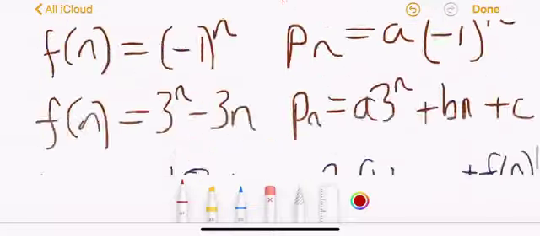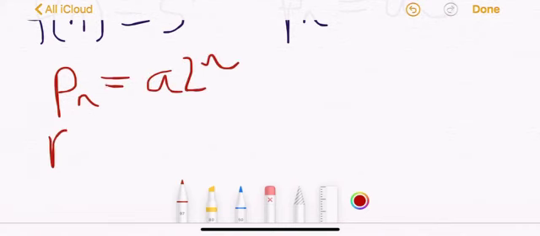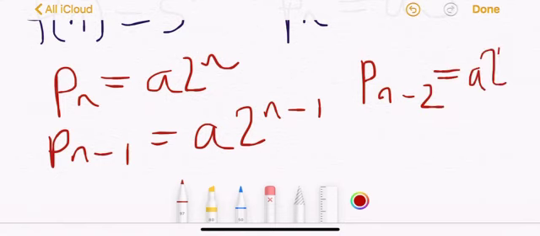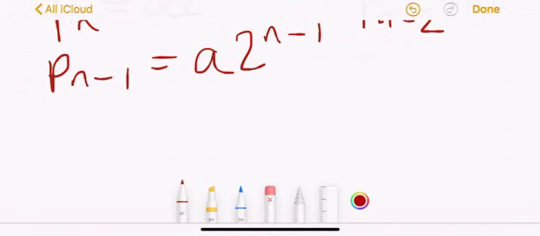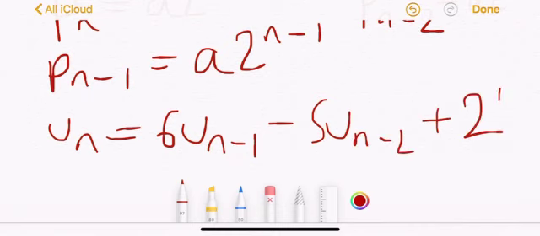If p_n is a 2 to the n, p_(n-1) is a 2 to the n minus 1, and p_(n-2) is a 2 to the n minus 2. Well, we are substituting that into u_n equals 6u_(n-1) minus 5u_(n-2) plus 2 to the n.